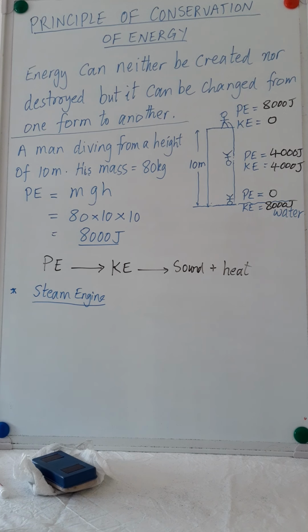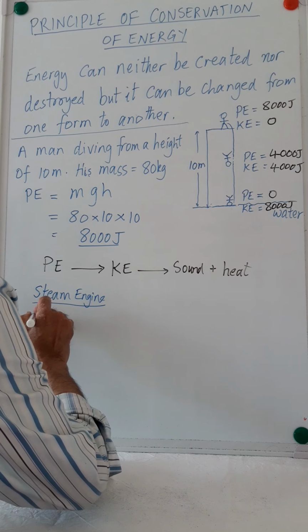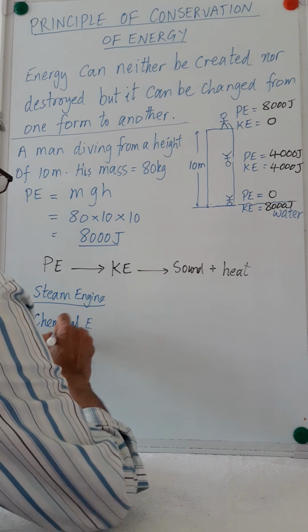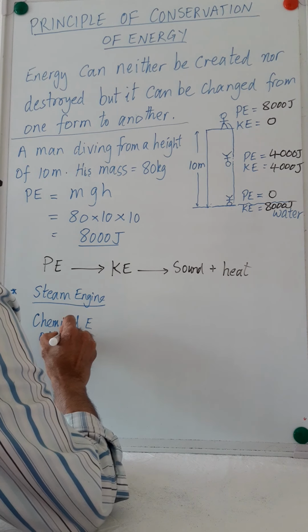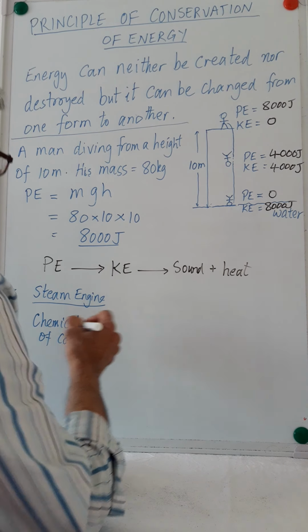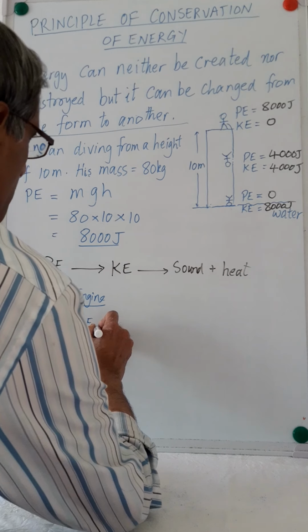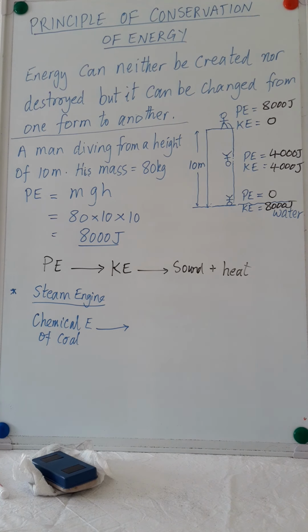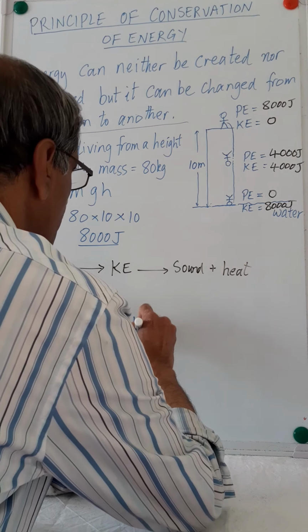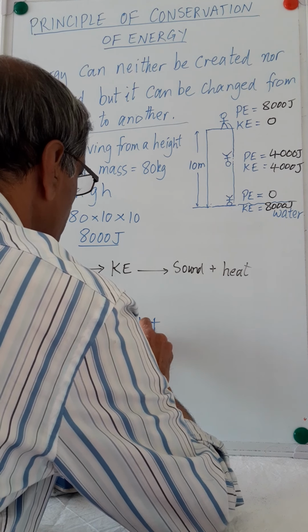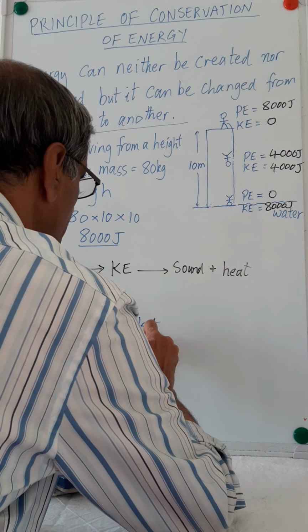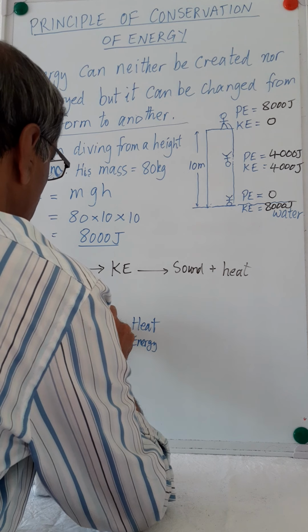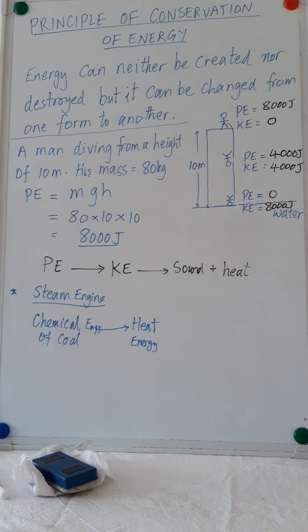Chemical energy. So we say that the chemical energy of coal is converted into heat energy, because we heat the water up.